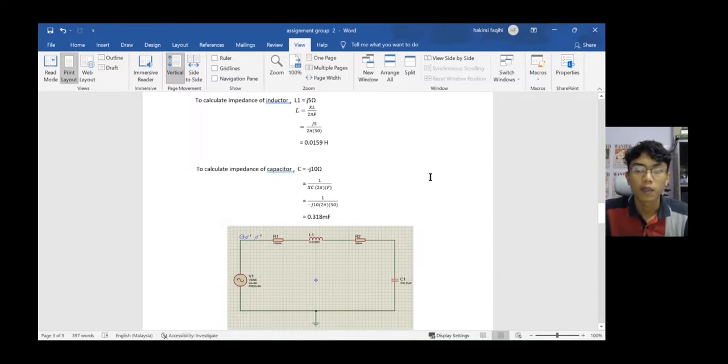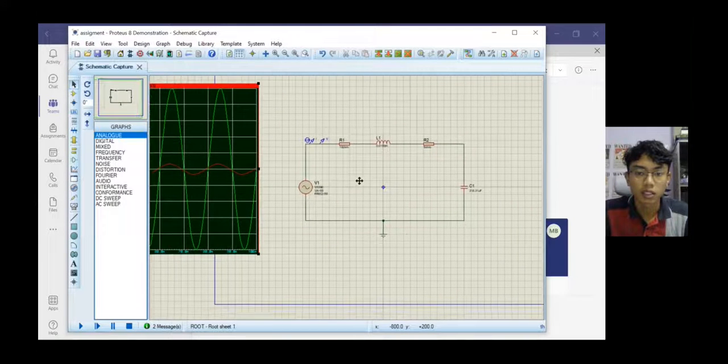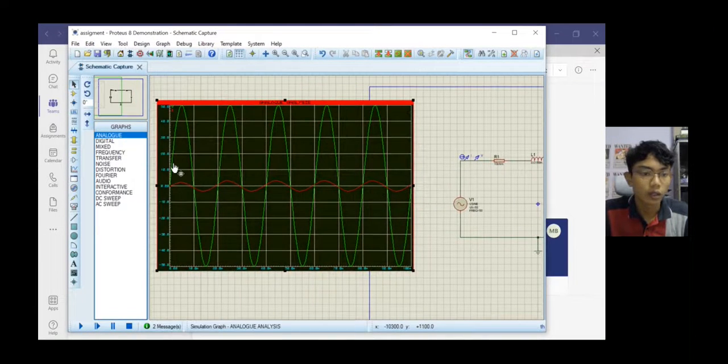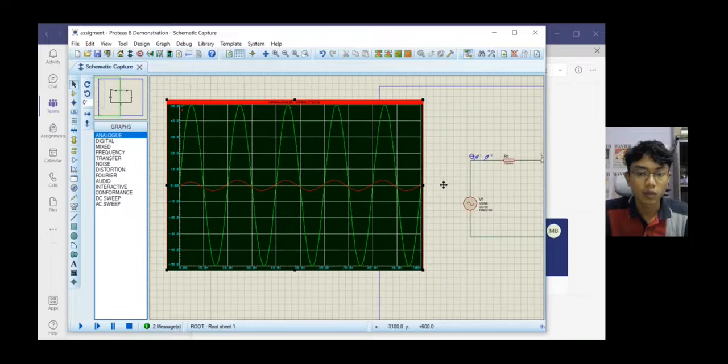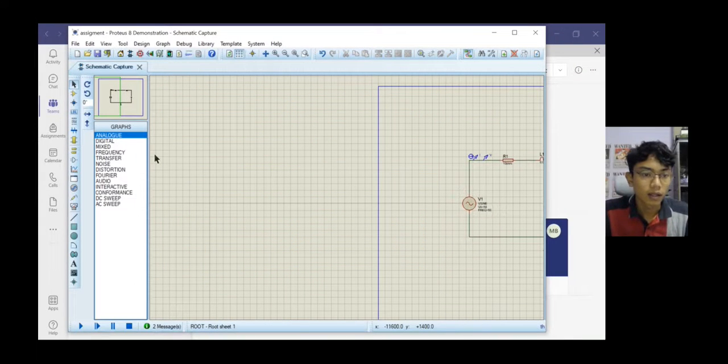Okay, so go to this constructed circuit, and then you go to the graph mode, analog, and then place the analog analysis. So before we get this, we must do like this.